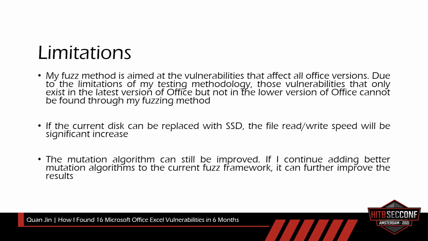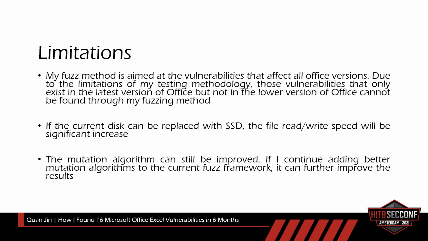For now, my fuzz method has the following shortcomings. As mentioned earlier, in order to improve the speed and efficiency of fuzzing, I selectively ignored some potential vulnerabilities in terms of strategy, such as vulnerabilities only in the newer Office versions. The fuzz method in this presentation is aimed at vulnerabilities that affect all Office versions.